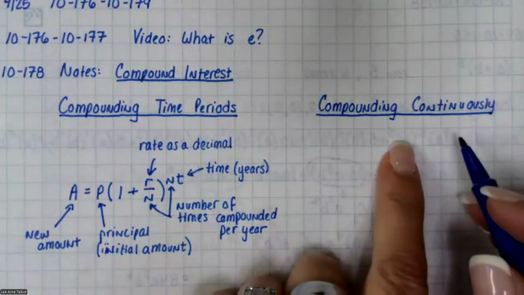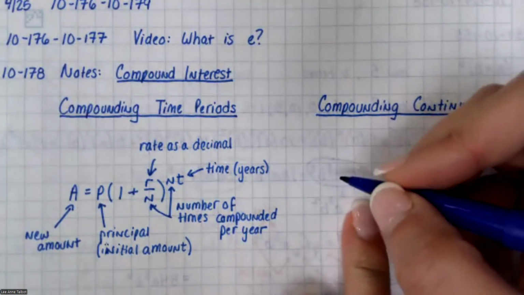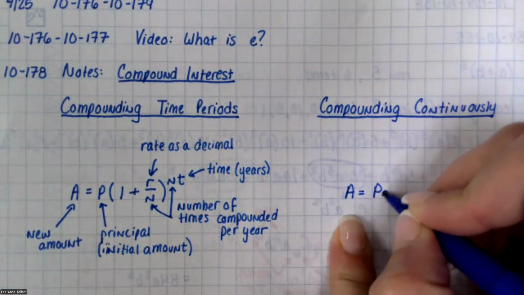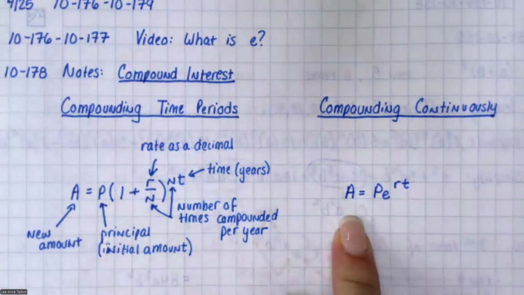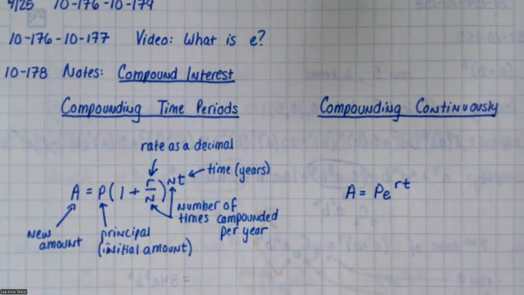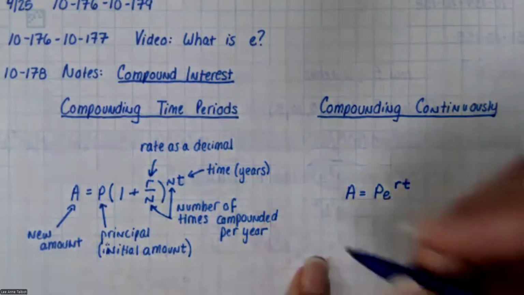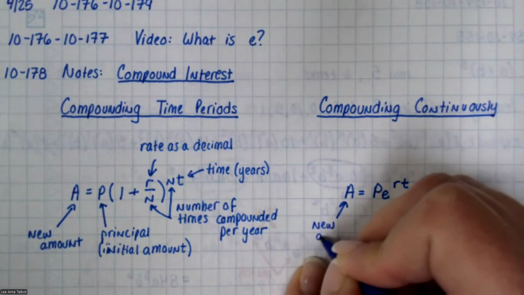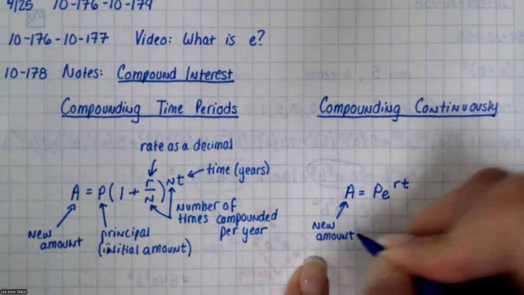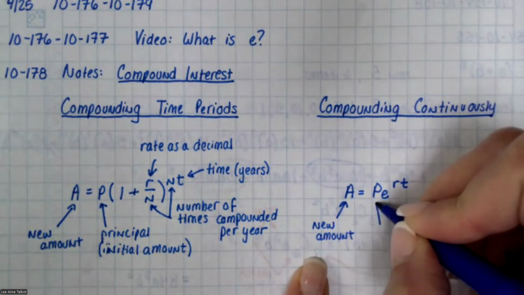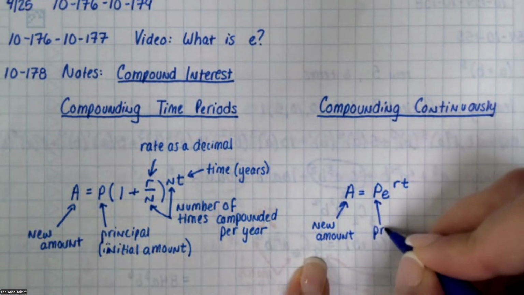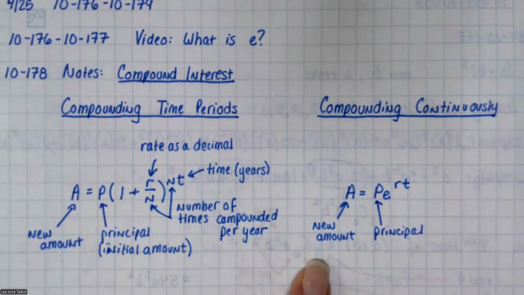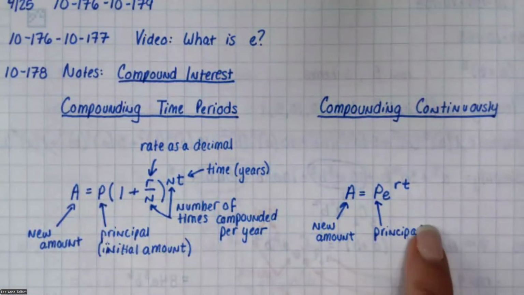Now if the problem says compounding continuously, there's a different formula that we call PERT. It's P e to the r t.